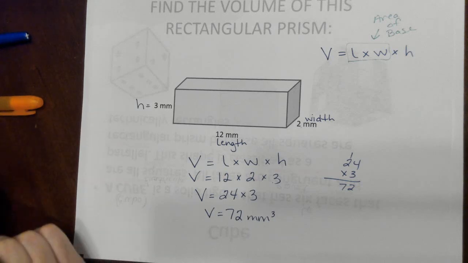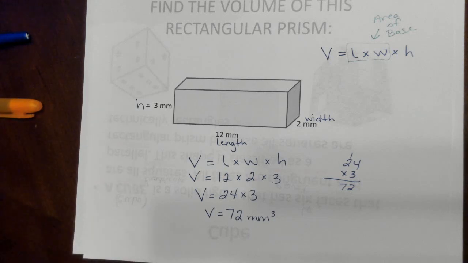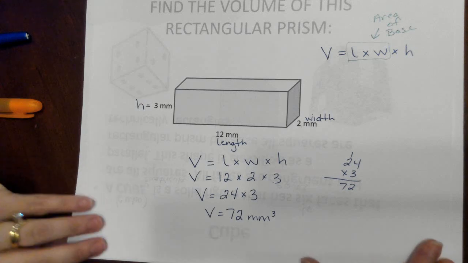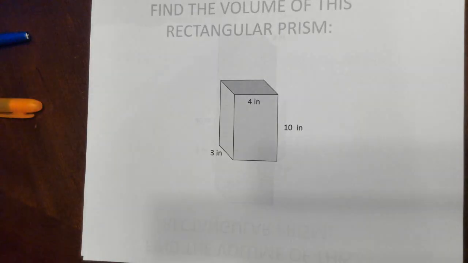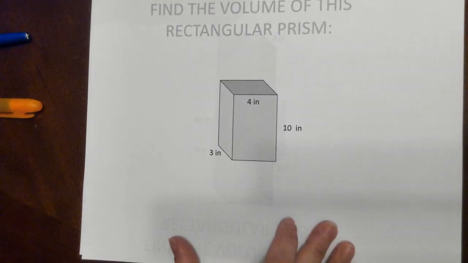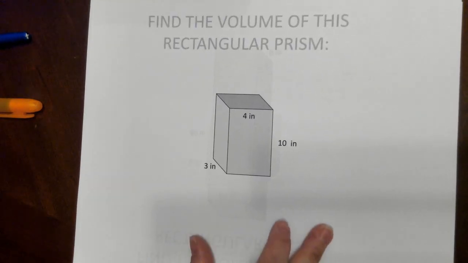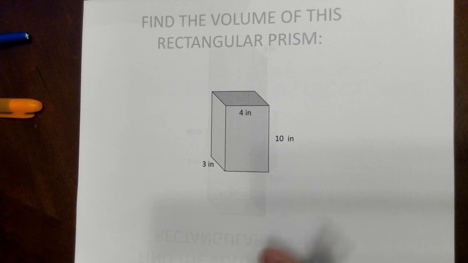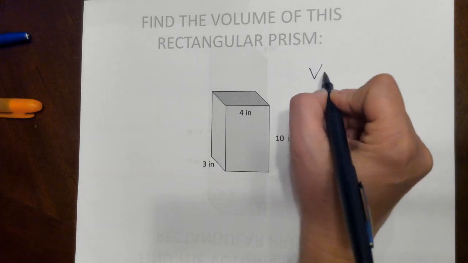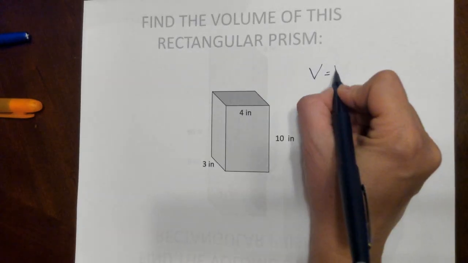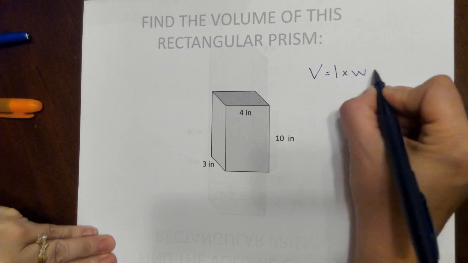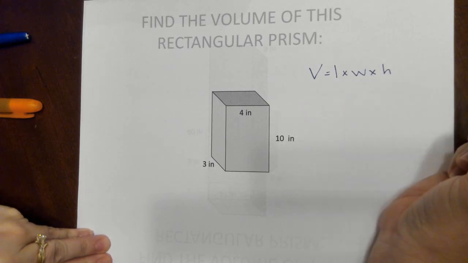Make sure you're trying these on scrap paper as we work through them, please. Okay, here's another one. Let's try together. If you would like, pause the video, try it on your own before we work it out. Length times width times height.